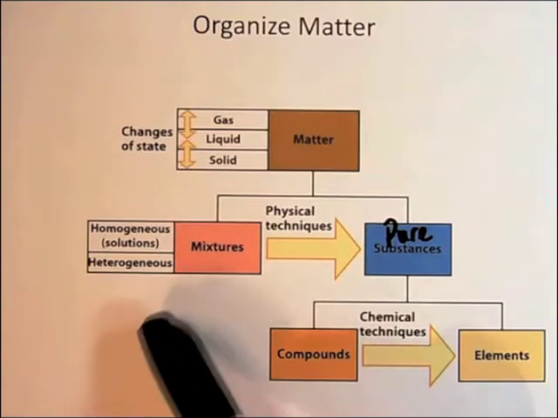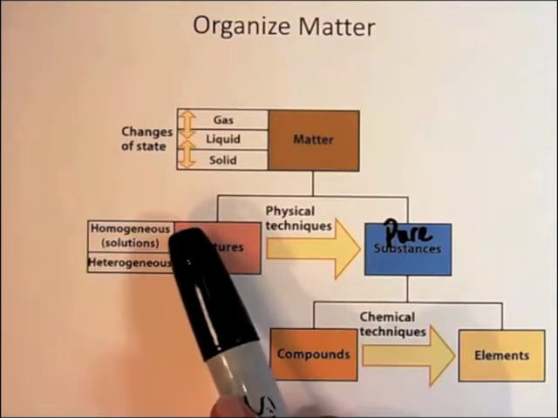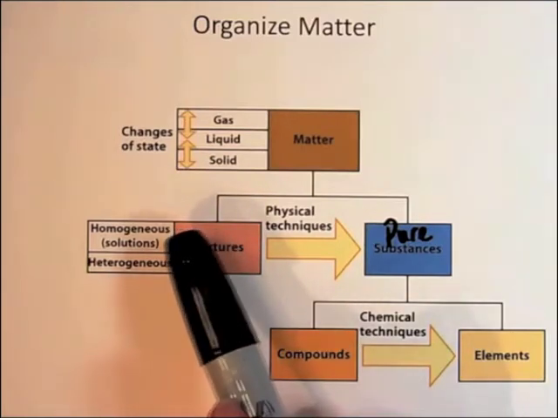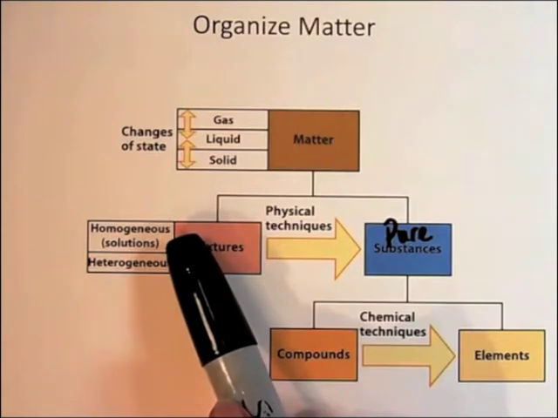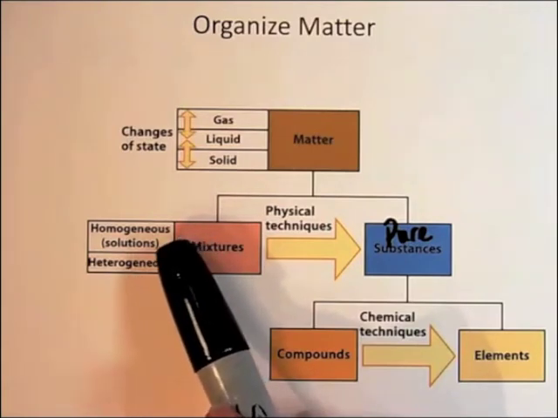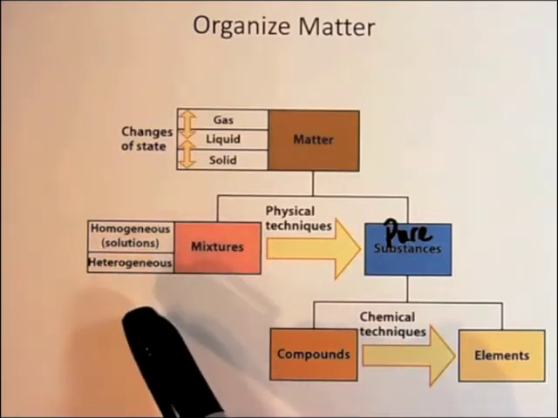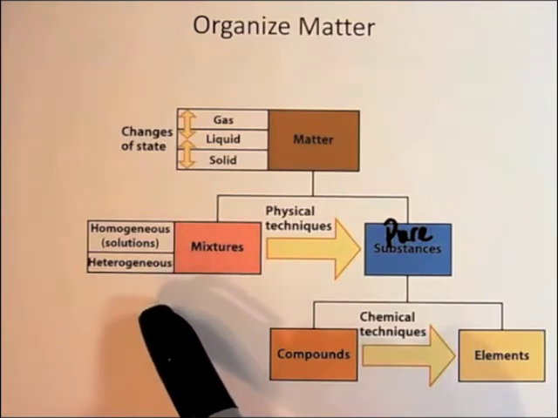For example, if you had a nice cup of hot tea that you'd added half a teaspoon of sugar to and stirred up, and the sugar completely dissolved, then we would consider that a homogeneous mixture. If you sip it at the beginning, it tastes pretty much the same as if you sip it in the middle. That's a good indication that the mixture is homogeneous. All the parts of the mixture are the same throughout.